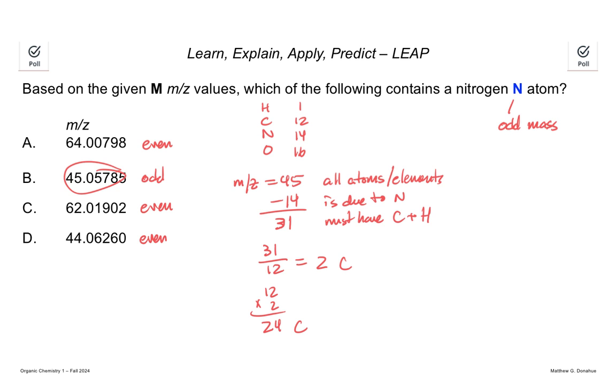That's the carbon contribution. So we can now say 31, which is our C plus H, can have a maximum contribution from carbon being 24. And so we subtract that, and so this has to be 7. So the molecular formula is C2H7N.